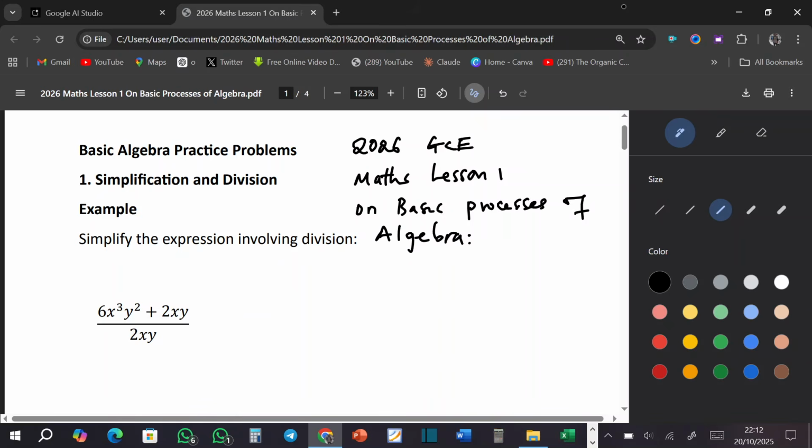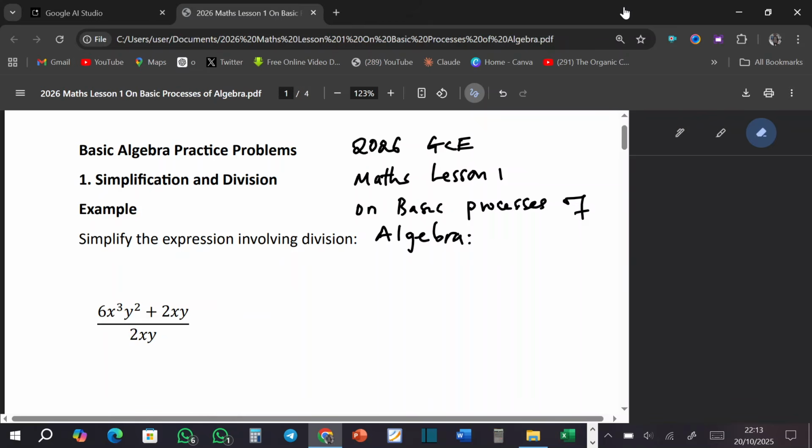So lesson 1 on basic processes of algebra. To help you understand, I have actually formulated questions that will help you to understand basic processes of algebra.